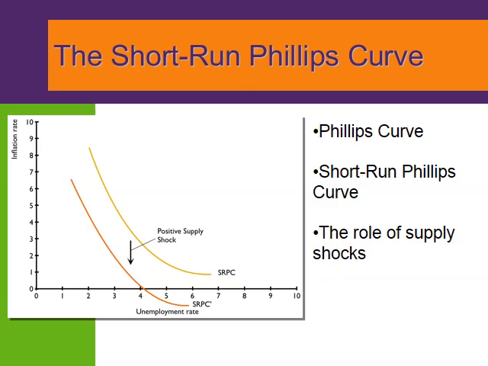This is seen as a downward shift of the short-run Phillips curve. Note that the short-run Phillips curve can extend below the horizontal axis, but not beyond the vertical axis. Why do you think this would be the case? Well, we can't have negative unemployment, but we can have negative inflation.